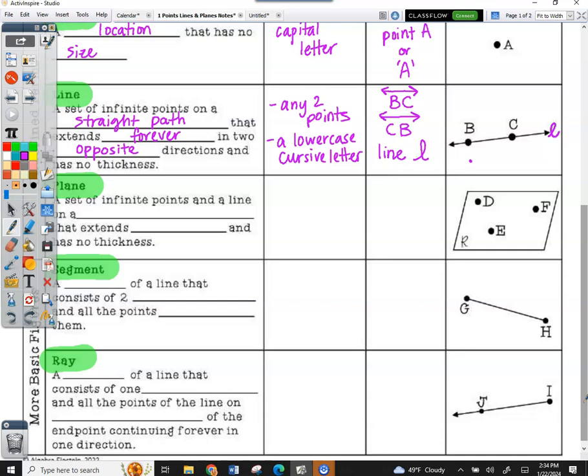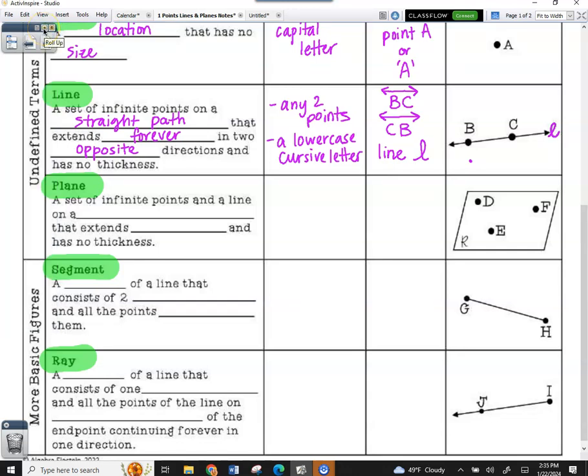Plane. You're only going to hear about a plane probably this week and one other time. So if plane is hard for you to understand, that's okay. What is a plane? It's a set of infinite points and lines on a flat surface that extends forever and has no thickness.